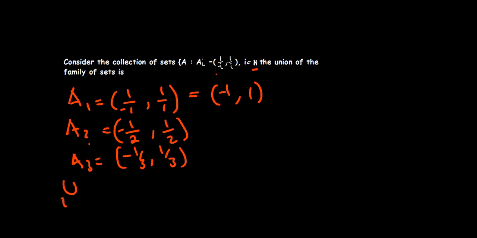So now the union of these sets is going to be the union over i, a member of the natural numbers, that's our indexing set, of the arbitrary family of sets.